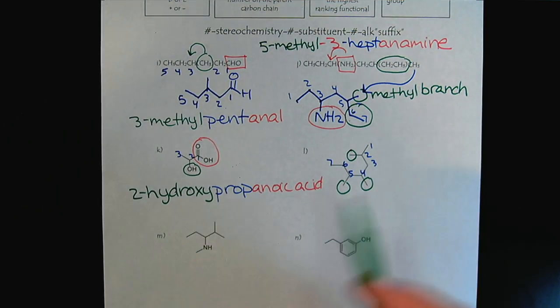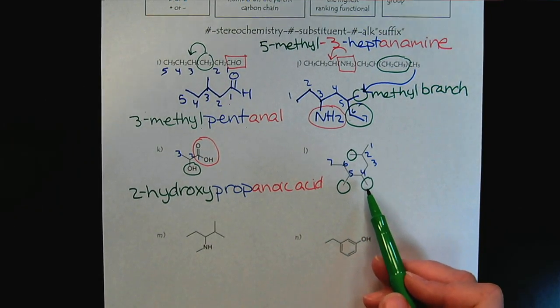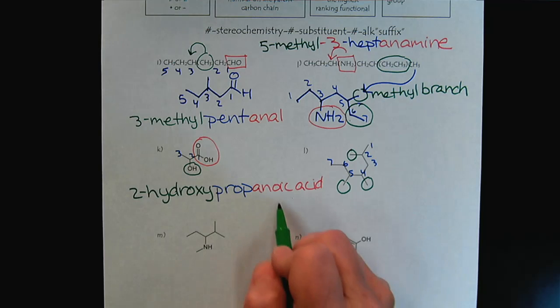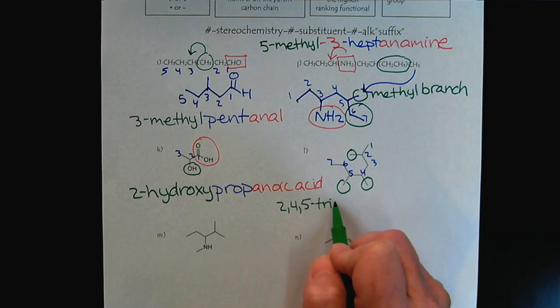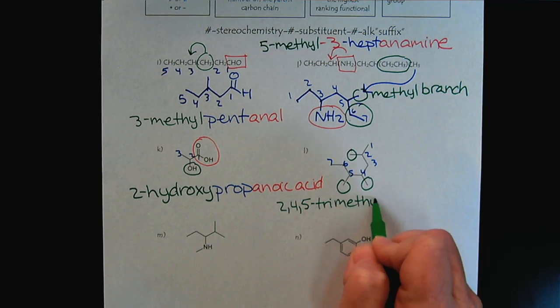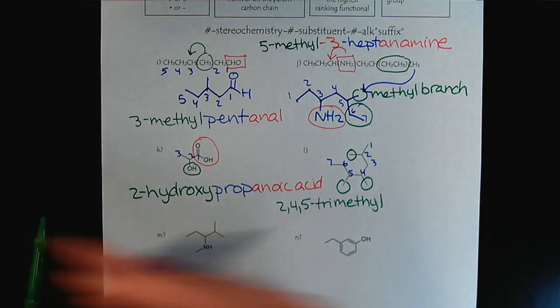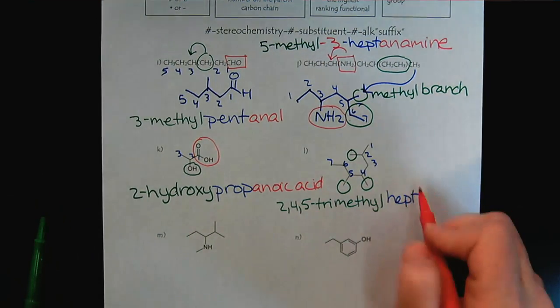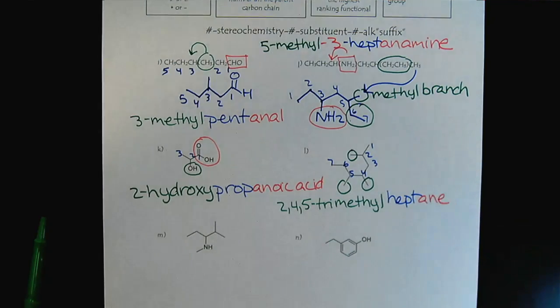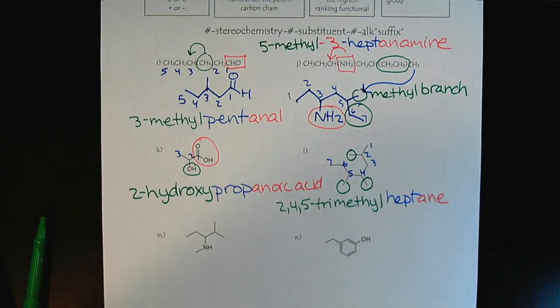And now our substituents are all methyl groups, so we would be 2, 4, 5 trimethyl, and then that would be heptane, right? Because we have all single bonds.